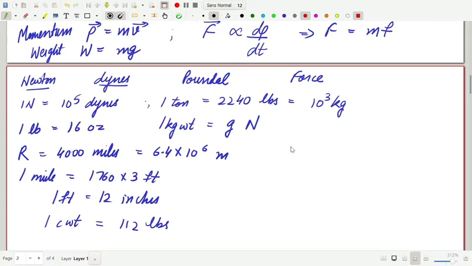We also have some more conversions, that is for energy. Here the SI unit is the joule. 1 joule is equal to 10 raised to power 7 ergs. Erg is its CGS unit.